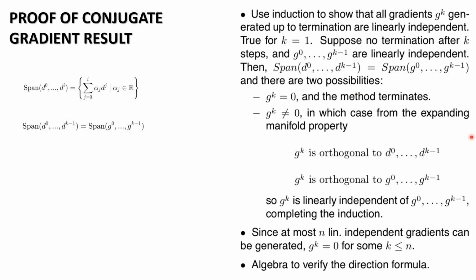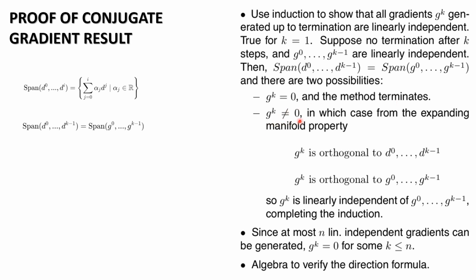Now we have two possible cases at step k. The first case: if gk equals 0, this means that the gradient has vanished and we have reached the exact solution. The algorithm stops, meaning no further steps are required.